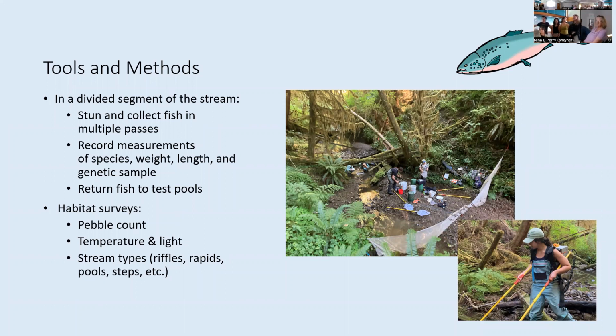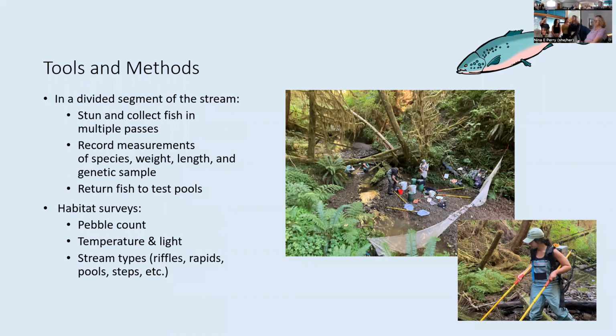You walk around in the pool and stick it in, and you zap the fish, just a little stun. Then you scoop them up and put them in the bucket, and they start squiggling around. You take them back, give them a little anesthesia, so they stop squiggling so much, and take some measurements of species, weight, length, and for the bigger fish, a little genetic sampling to be monitored back in the lab. Afterwards, we return the fish to the pools.